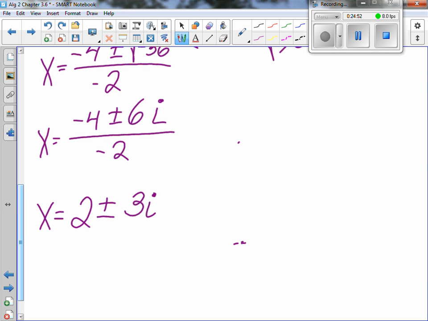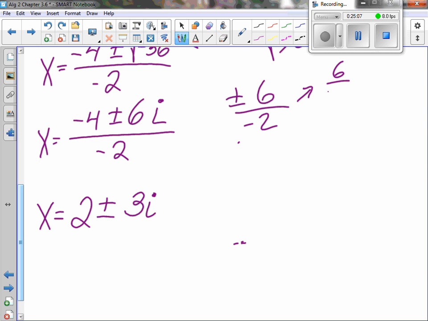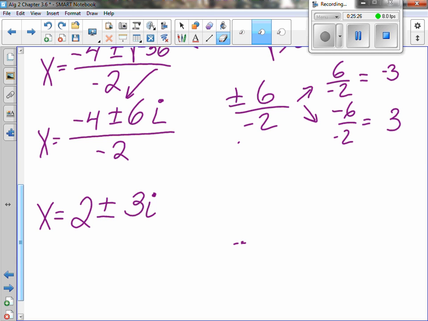Anybody a little confused with that? So let's look at it individually. Because what we have here is plus or minus 6 divided by negative 2, yes? That's really saying I have 6 divided by negative 2 and negative 6 divided by negative 2. Well, 6 divided by negative 2 is negative 3, yes? Negative and negative would give me a 3. So in this plus or minus here, I'm going to actually color coordinate this. Let's say negative and a positive.